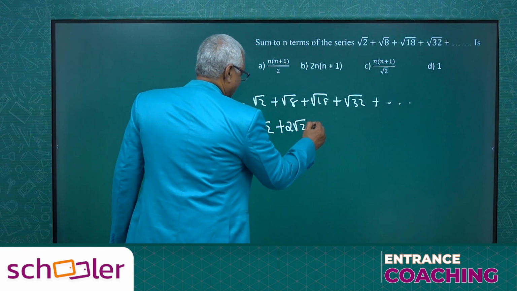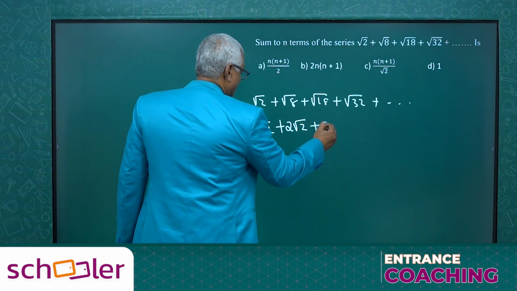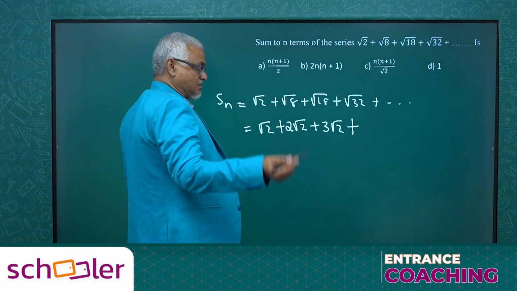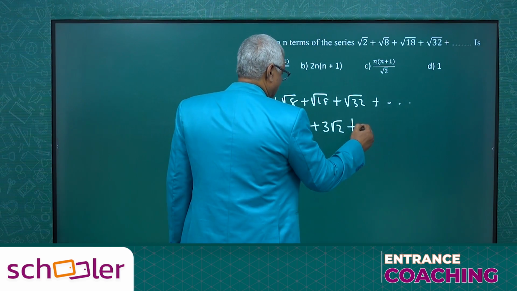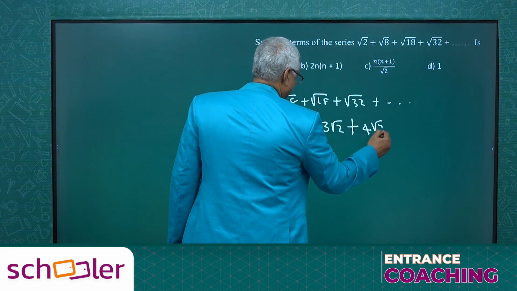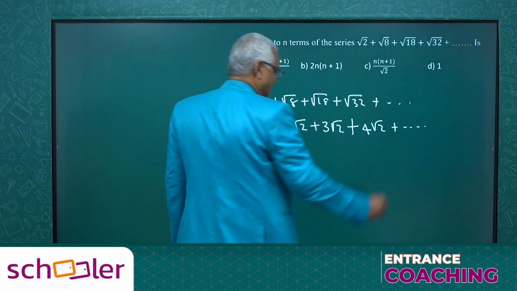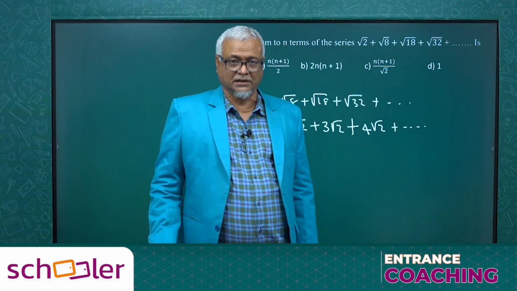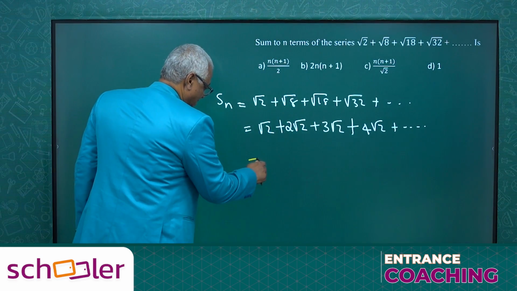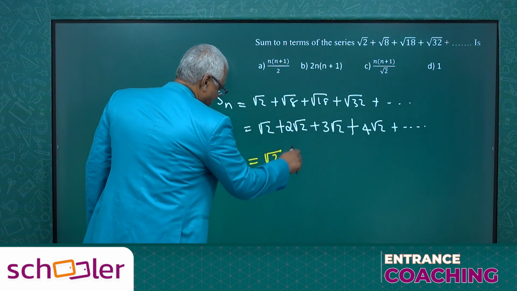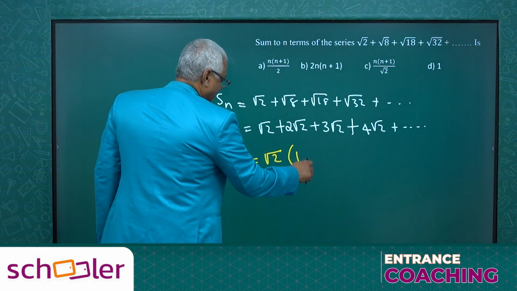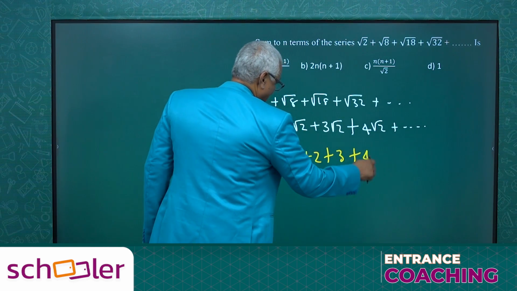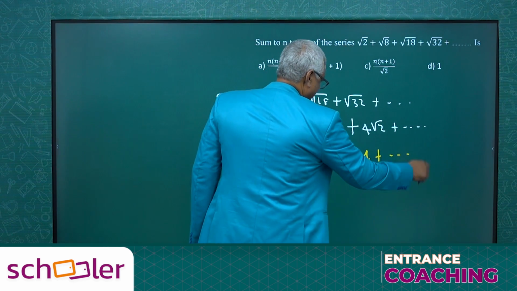Then what is root 18? It is 9 into 2, so 3 root 2. What is root 32? It is 16 into 2, so 4 root 2, plus etc. In all the terms, root 2 is a common factor. Take it outside. This is equal to root 2 times (1 plus 2 plus 3 plus 4 plus etc.).